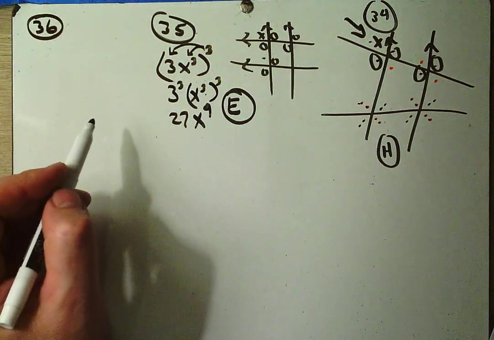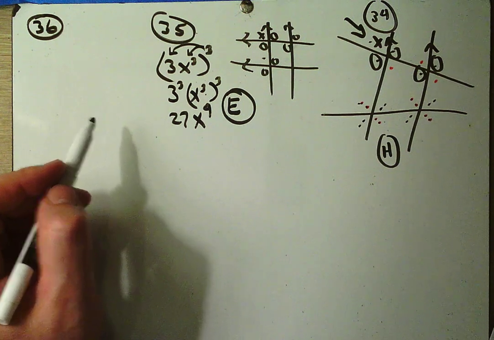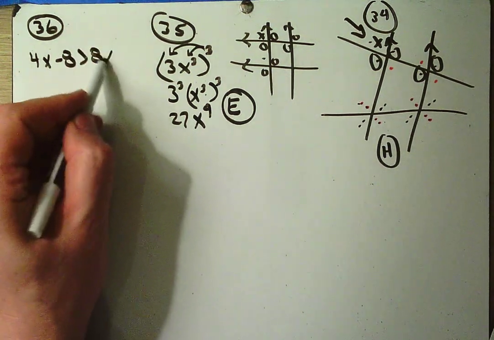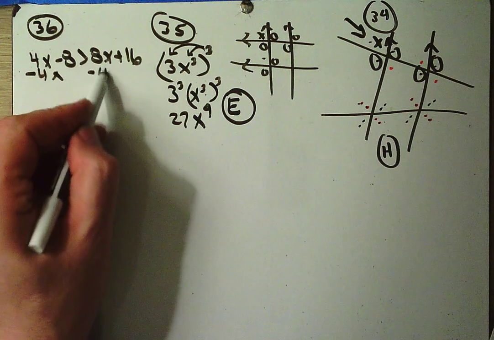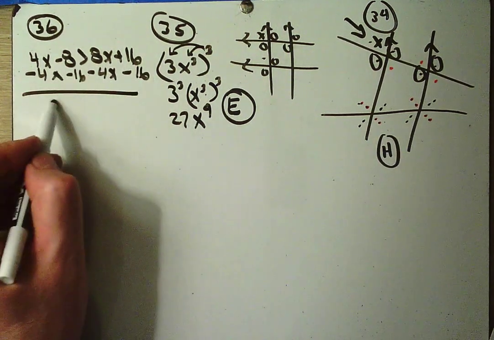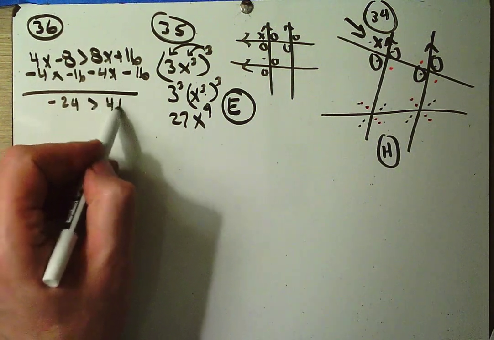36, and 60% of the way done. Which of the following is equivalent to the inequality 4x minus 8 is greater than 8x plus 16? Well, if I subtract 4x from both sides, and I subtract 16 from both sides, I get negative 24 is greater than 4x.